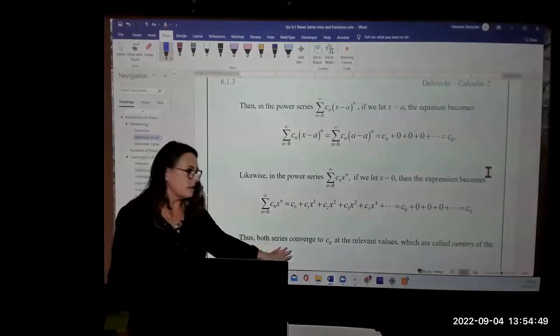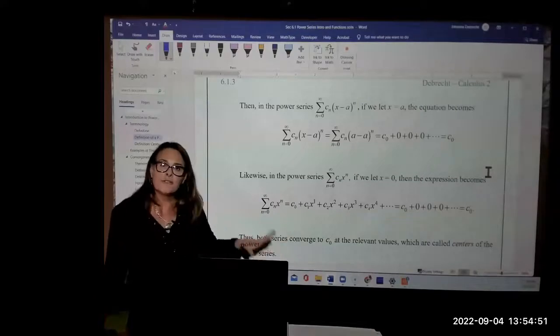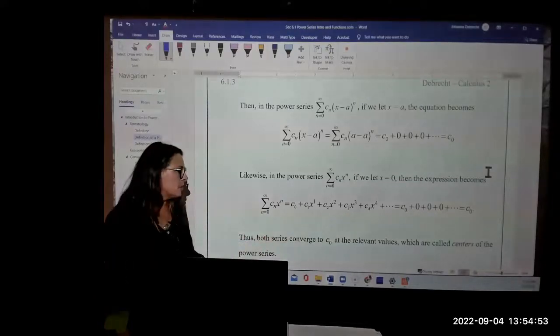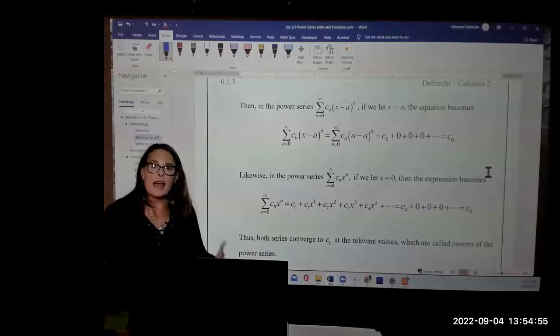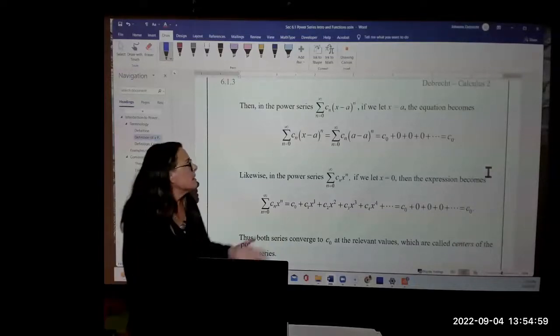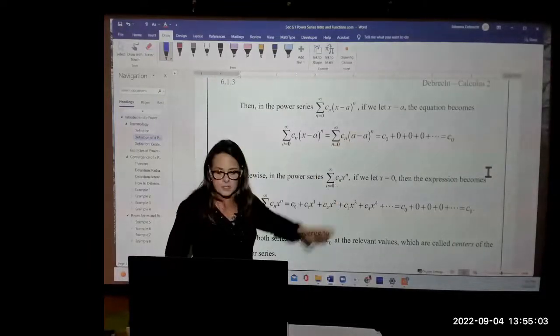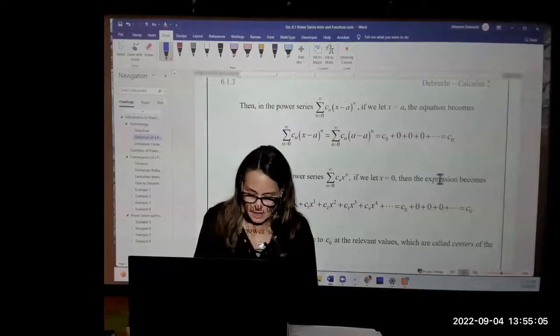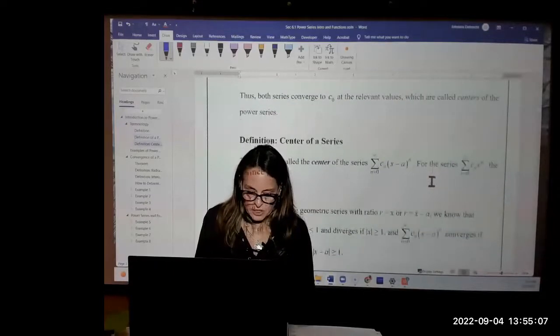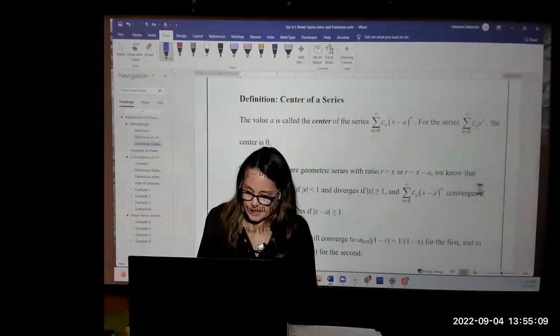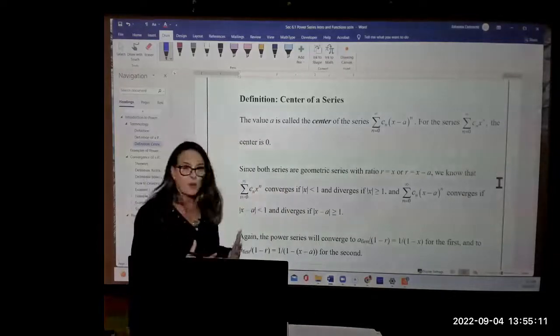Both series then converge to their first coefficient, c sub 0, when we allow x to be the center of the series, all right? So that would be x equal to a in this case, and x equal to 0 in this case. And these are called the centers of a series. So let's define the center more formally.